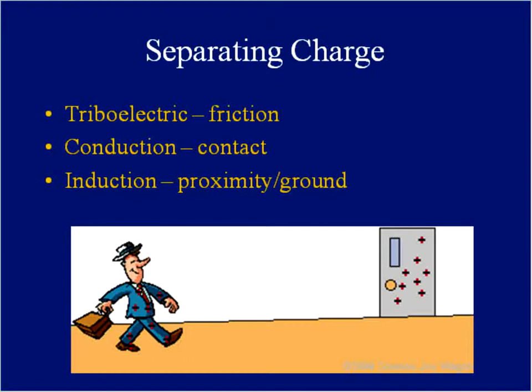Shock simply means electrons are moving, and that I don't enjoy much when electrons move. That's the feeling of shock. So it is possible that a neutral body can acquire a net either positive or negative charge.